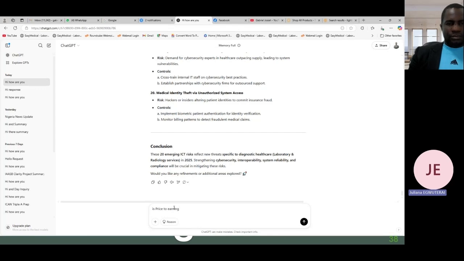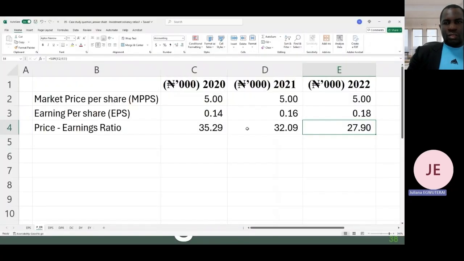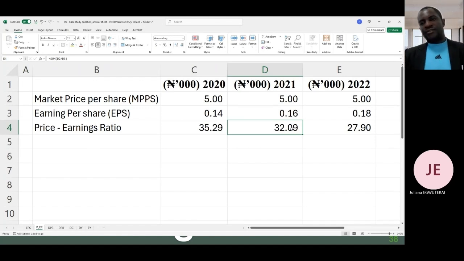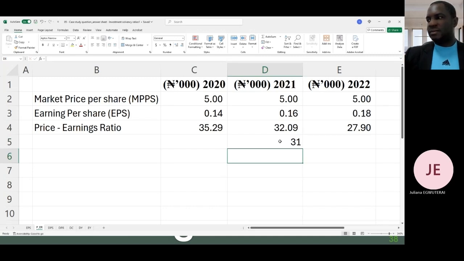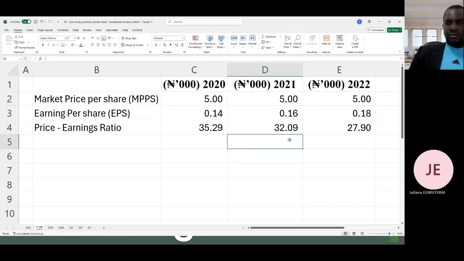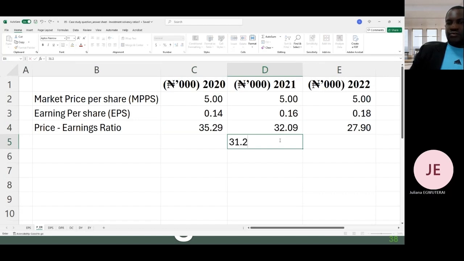Maybe it's approximation, as you said. It depends on how you programmed it in Excel. Is it 0.0 or 0.00? It's showing 0.00, so 32.09 is different from 31.25. Even if it's approximated, it's supposed to be 31. Okay, well, since the difference is not much, let's take it as 31.25.